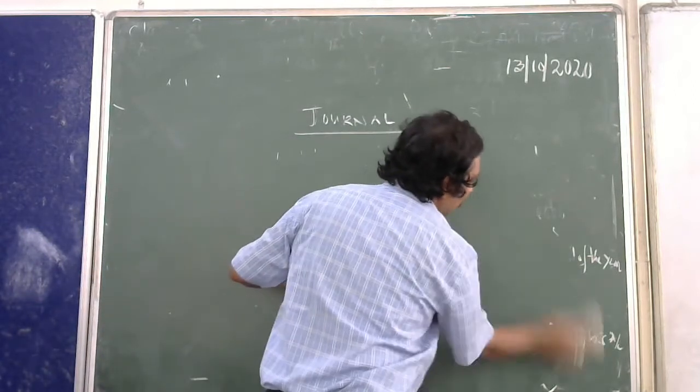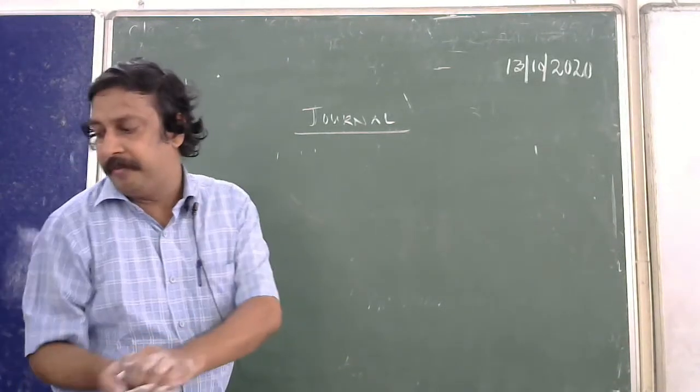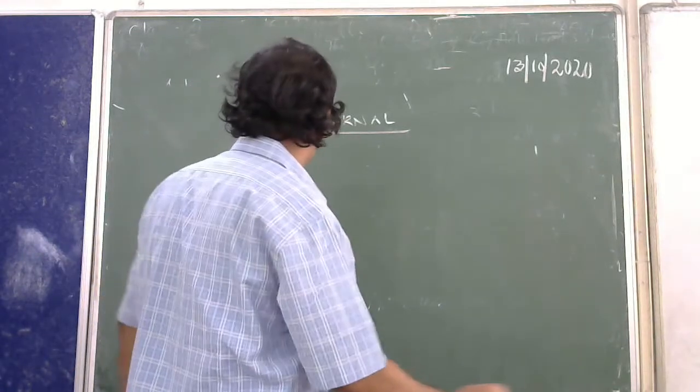The asset may be sold after its useful life. So, what will be the journal entry when the asset is sold?